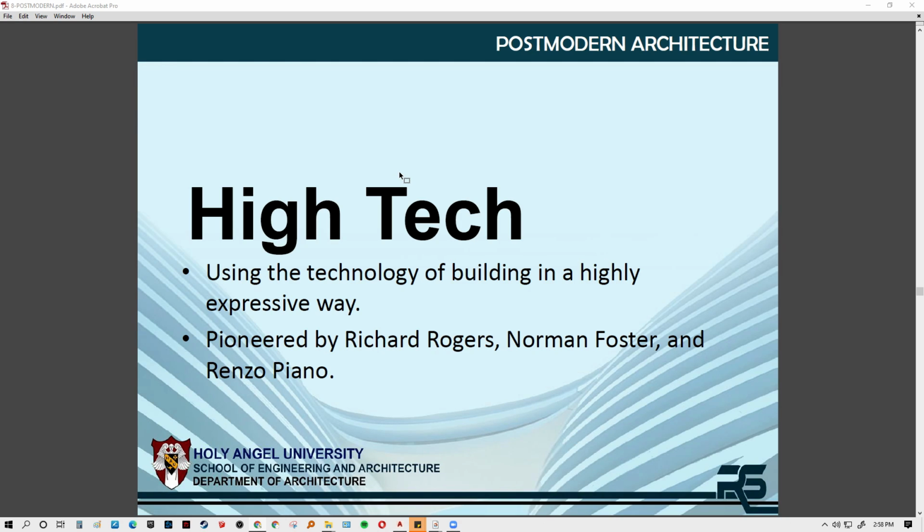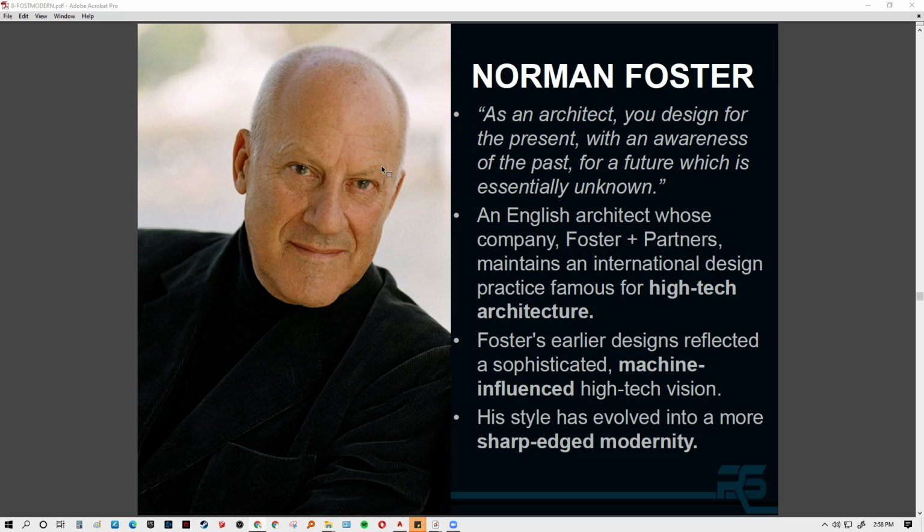Another one is high tech, basically using technology in a very expressive way, pioneered by Richard Rogers, Norman Foster, and Renzo Piano. For our first architect, Norman Foster, as an architect, you design for the present with an awareness of the past for a future which is essentially unknown.